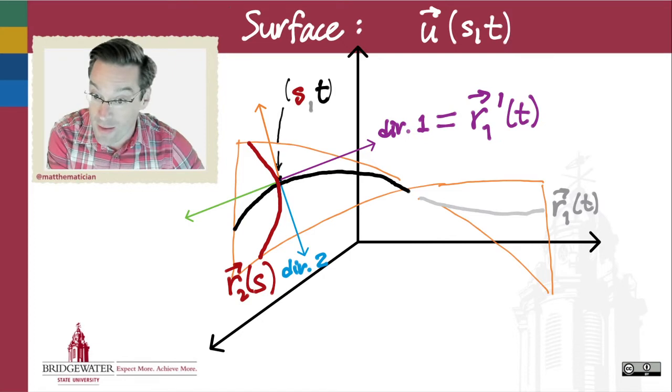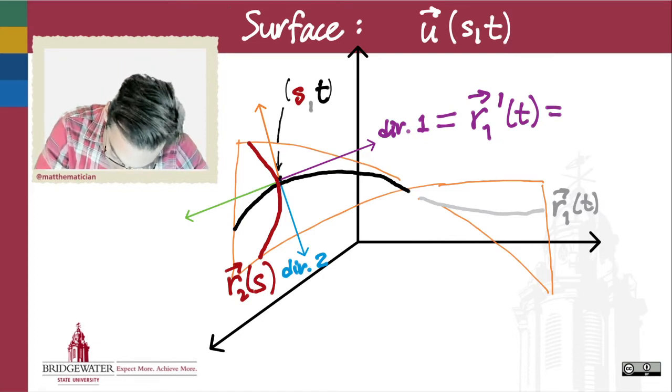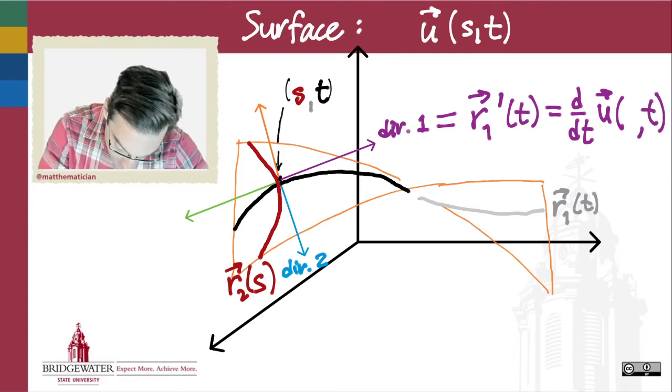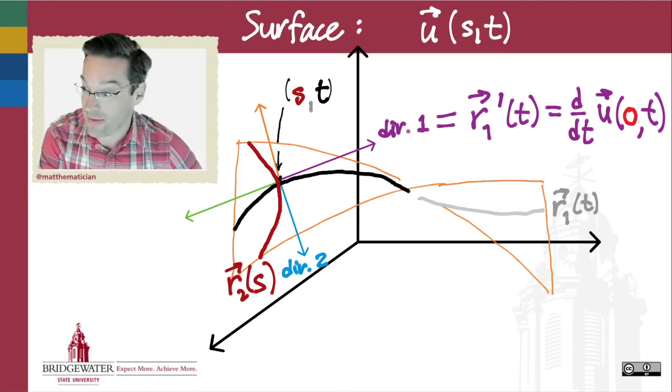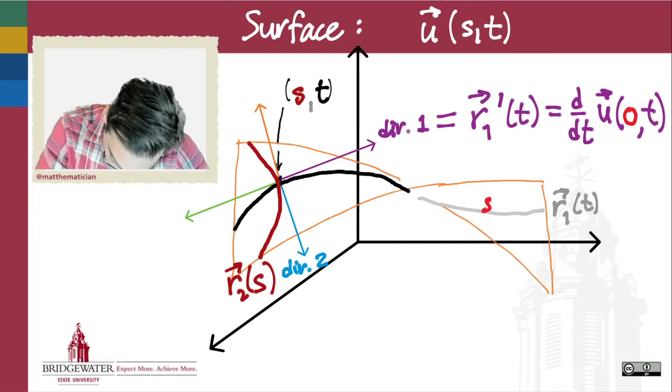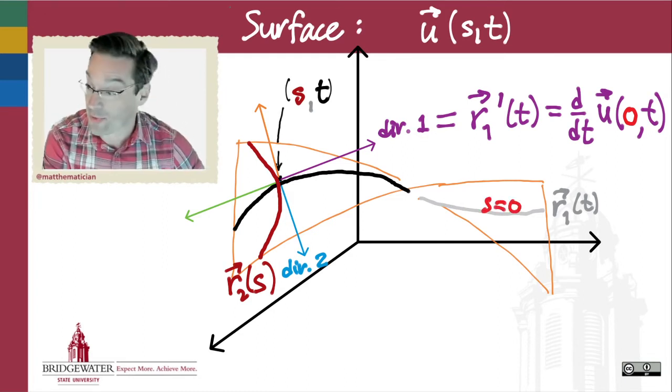This curve is found by taking the derivative with respect to time of my parameterization, where I have kept t as a variable, but I have let s, the other parameter, be a constant. So I don't know, maybe this is 0, t or something like that, right? So when I set s equal to 0, that would describe this parameterized curve.